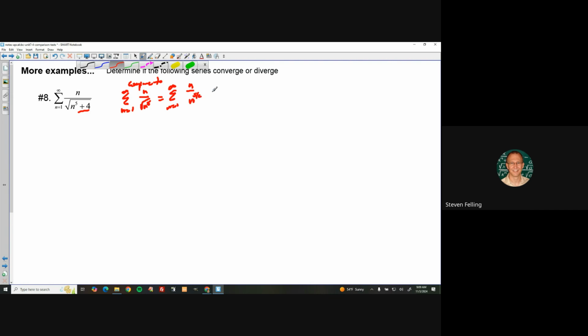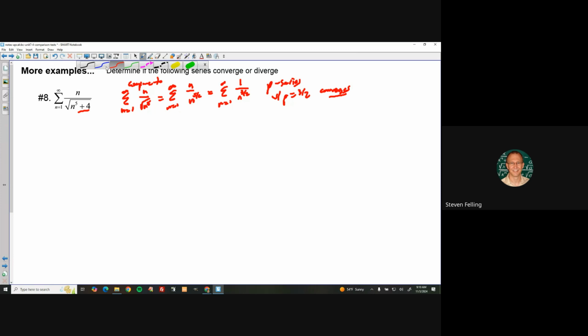If I want to write this in p-series form, I could write that as 1 over n to the 3 halves, right, since 5 halves minus 1 is 3 halves. Although we wouldn't normally write it that way, we can say this is a p-series with p equals 3 halves, and that one is going to converge, because that's greater than 1.